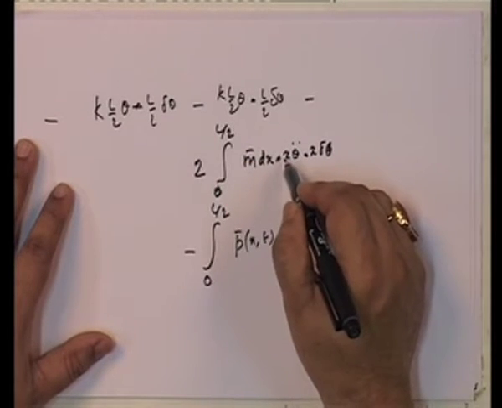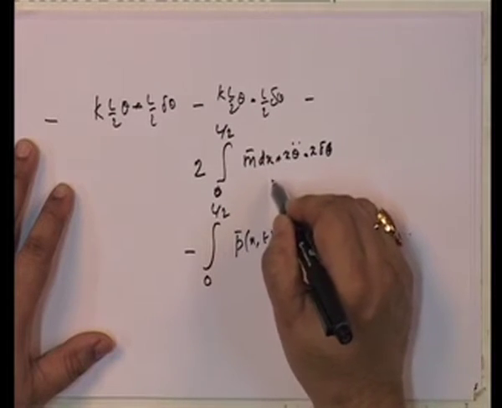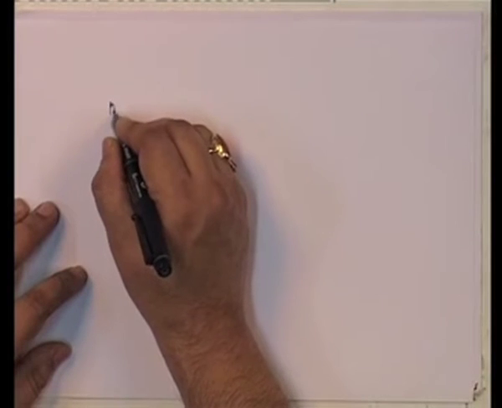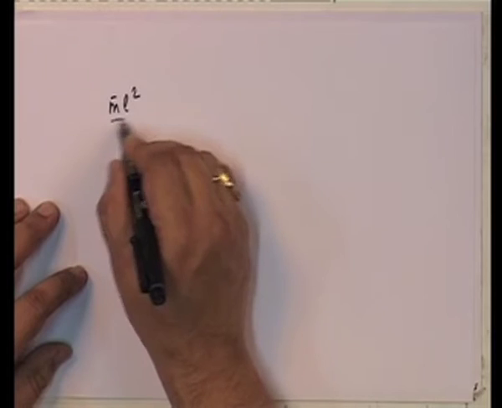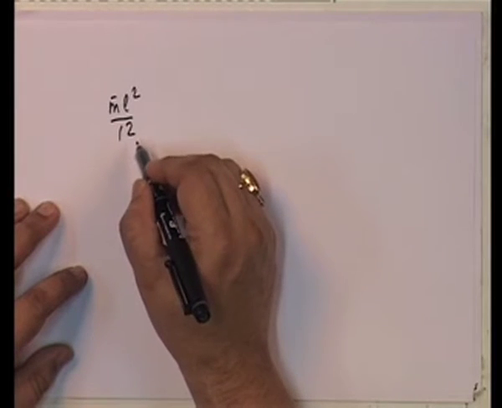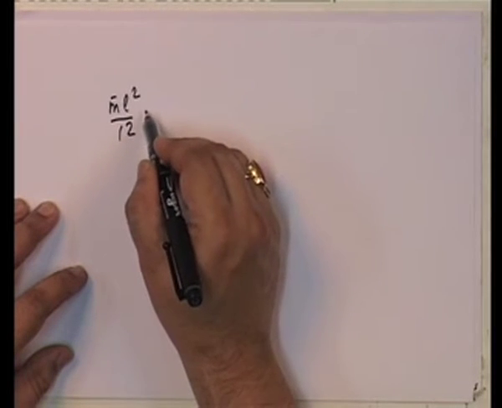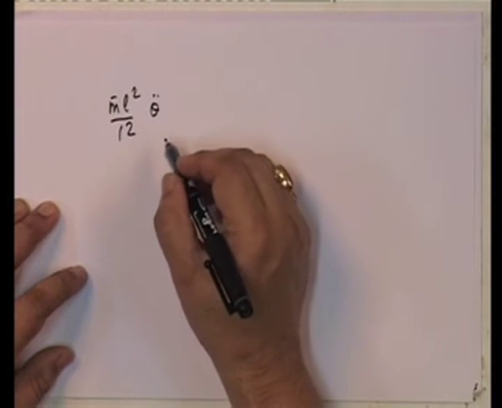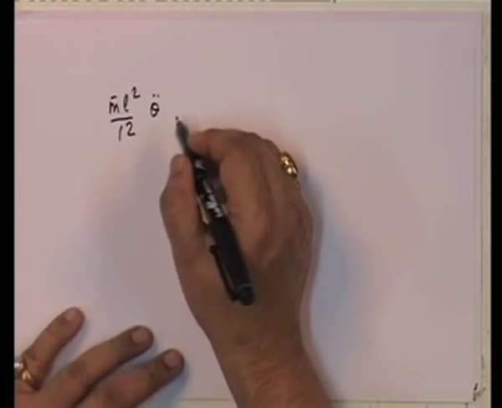So, what do you get, L cubed upon 24, 2 times. So, this becomes equal to m bar L squared by 12, into theta double dot, and I am taking all the negatives, so I am making it positive.